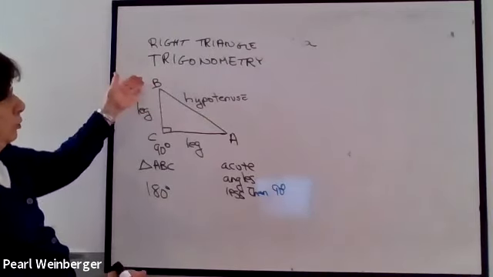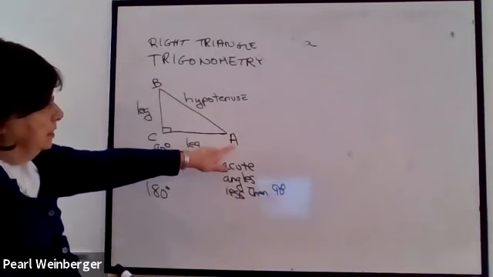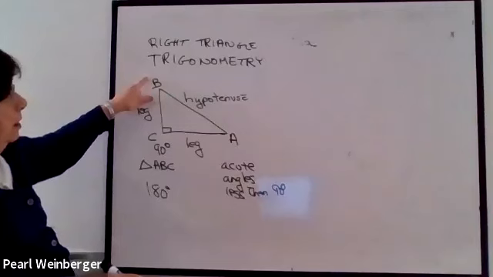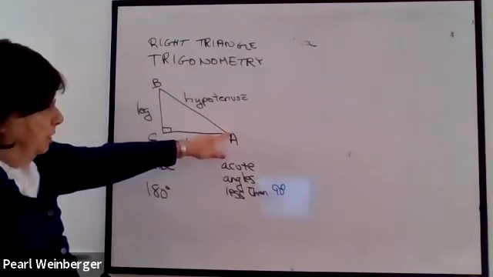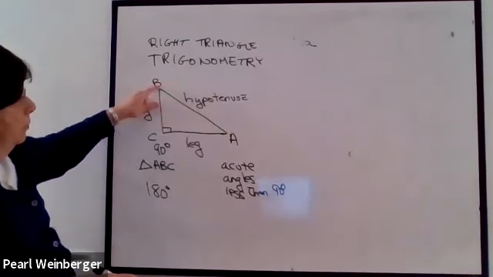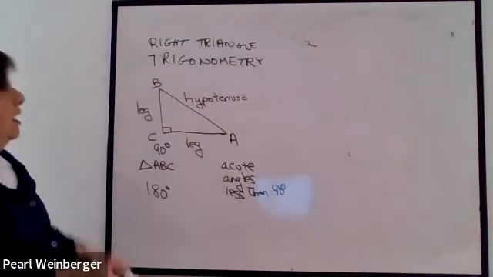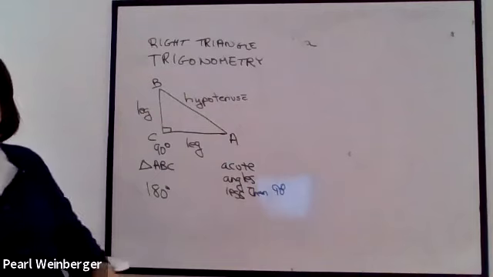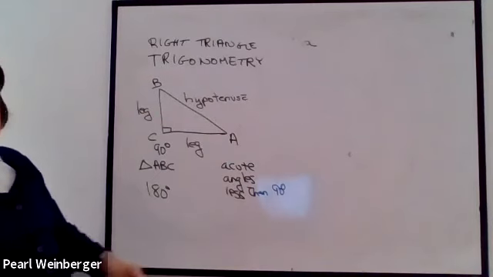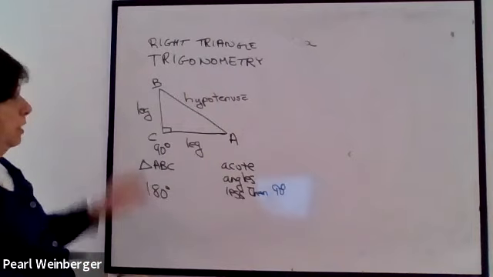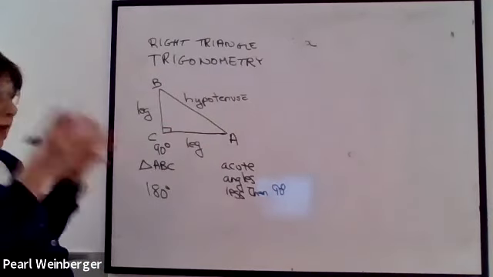I would have to use two letters. I would have to say it's the side AB, because A is at one corner or vertex, and B is at another vertex. So I'd have to say capital AB, which is very inconvenient. It's very inconvenient to have to use two letters to represent just one item.